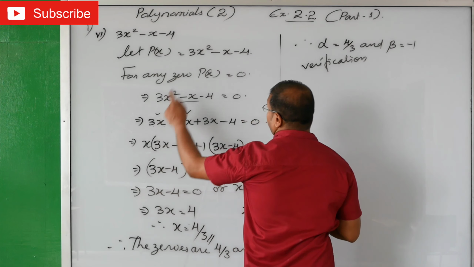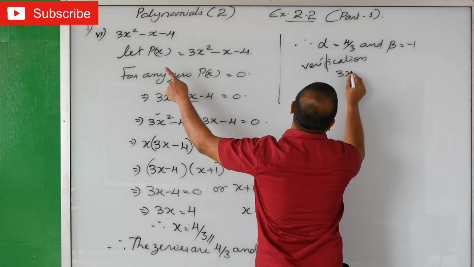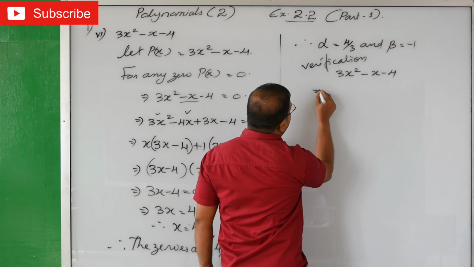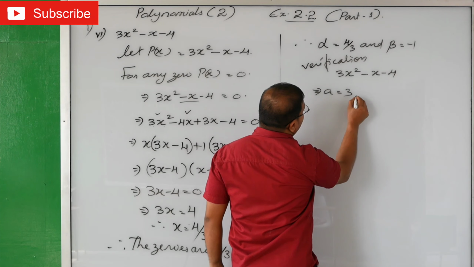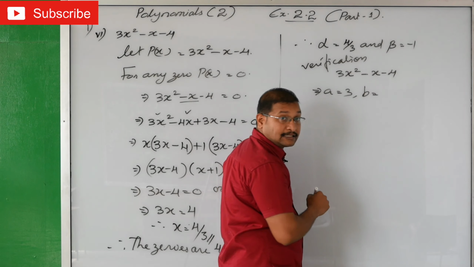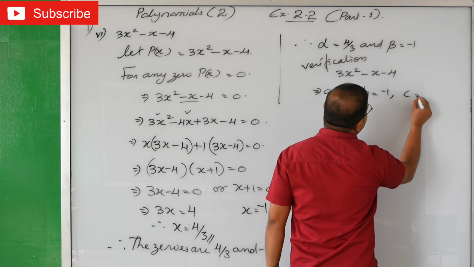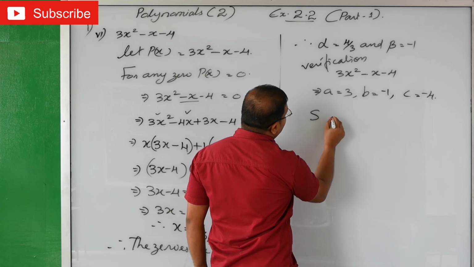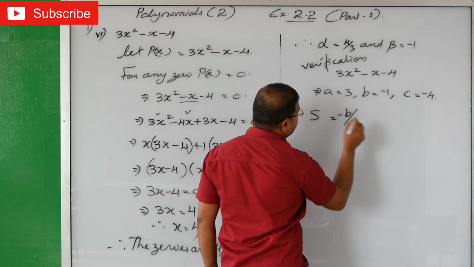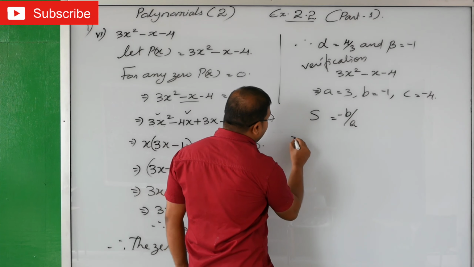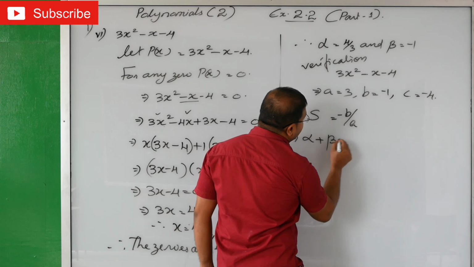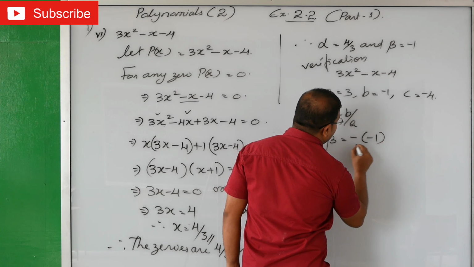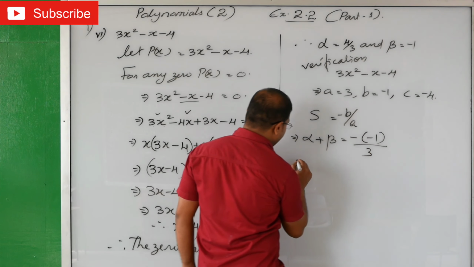First you write the given polynomial, that is 3x square minus x minus 4. Implies, what is the value of A? A is 3, B is, which is near to x, minus 1 and C is minus 4. Ready? Therefore, what you will do? Sum of the zeros is minus B by A. Sum means we'll add it. Alpha plus beta equals minus B, that is minus of minus 1, by A, which is 3.